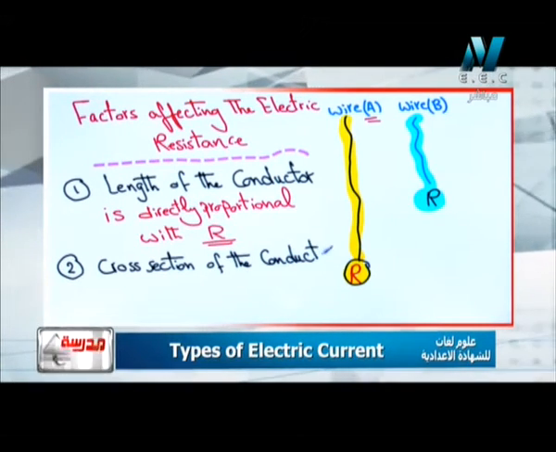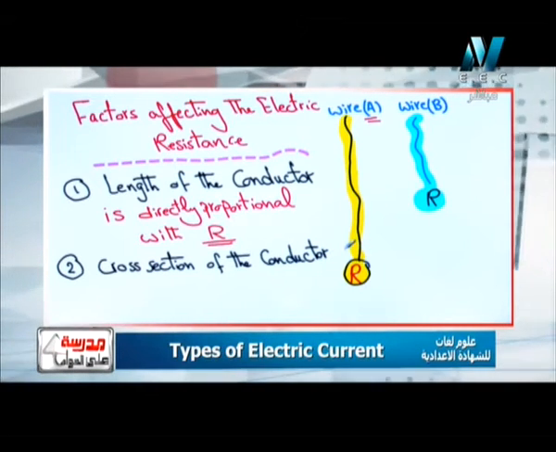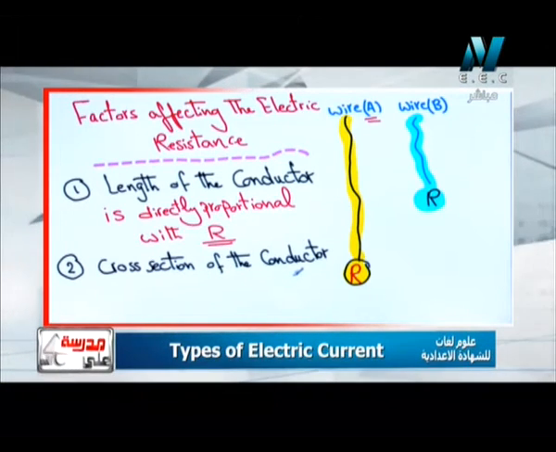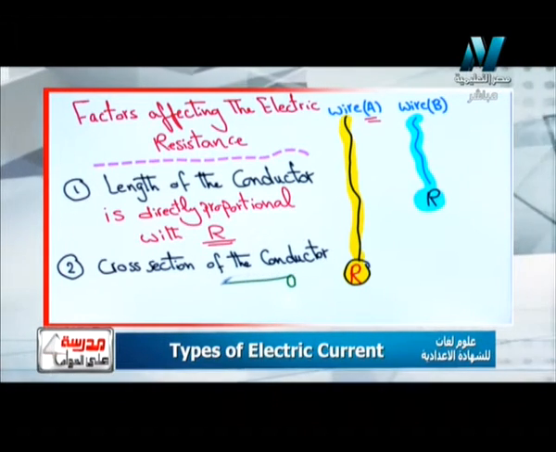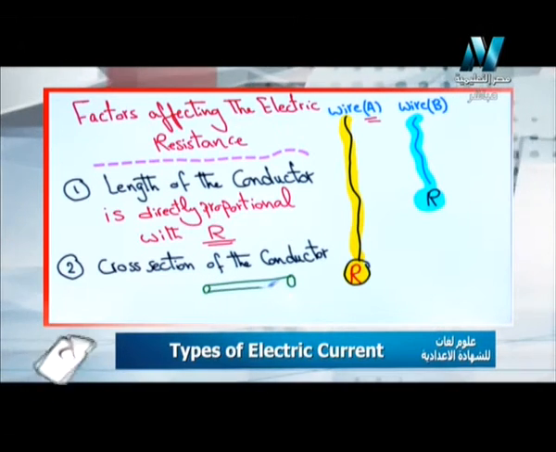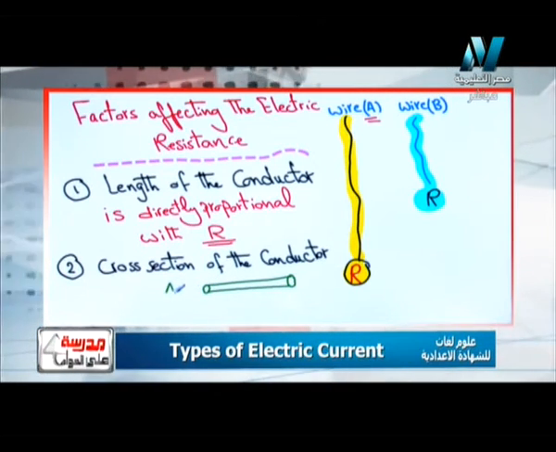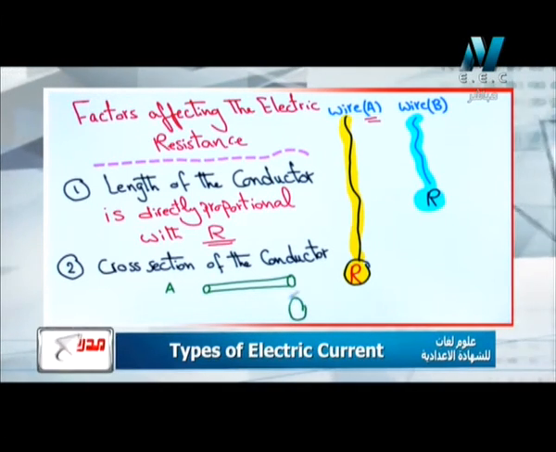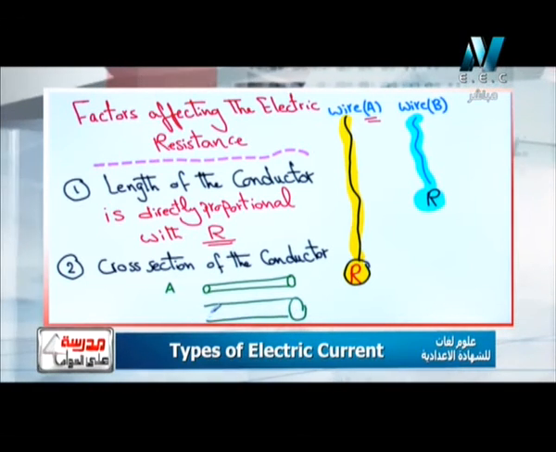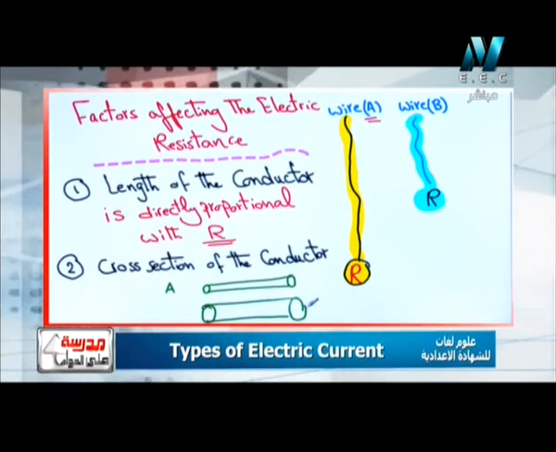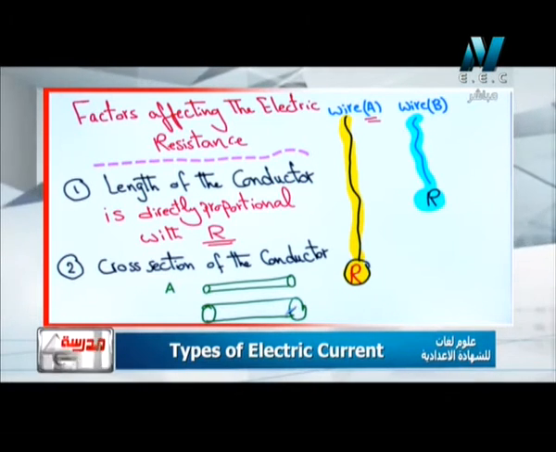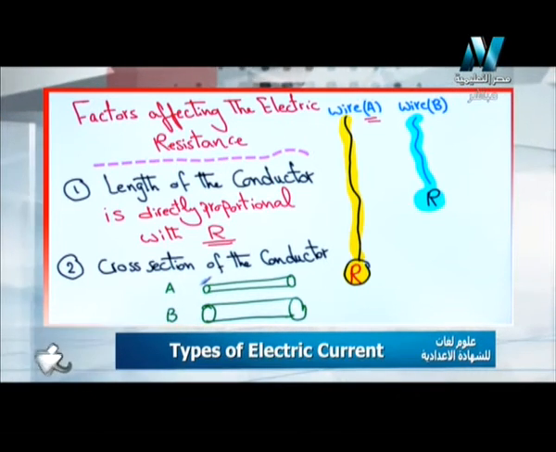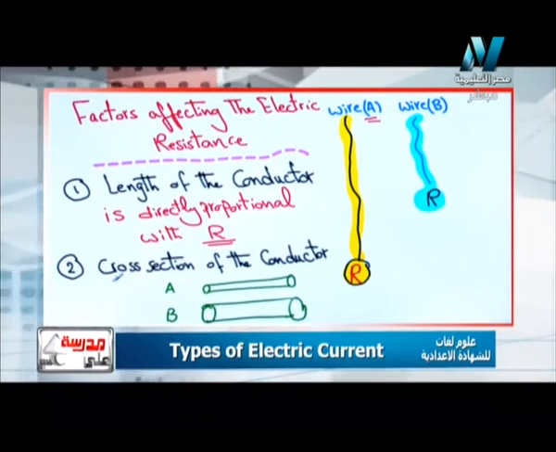Here we compare between two electric wires. One of them has this thickness, wire A, and here we have another wire B with its cross section like that. Both have the same length, but B is greater than A in cross section.